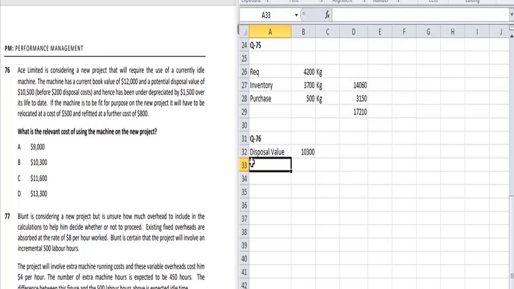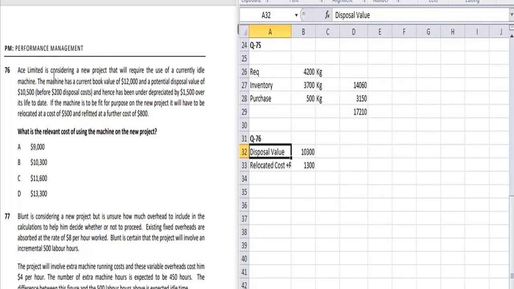So now the relocation cost plus the refitting cost, both will need to be added. Now you might be wondering, this disposal value is income, so why are we adding it here like a cost?